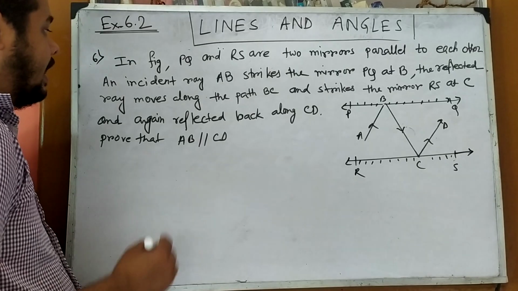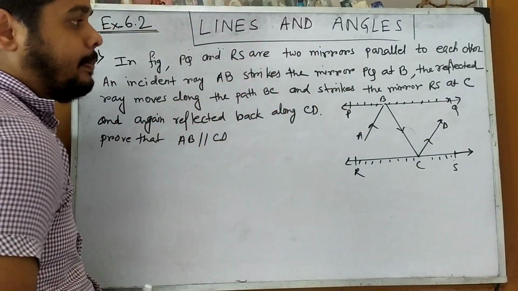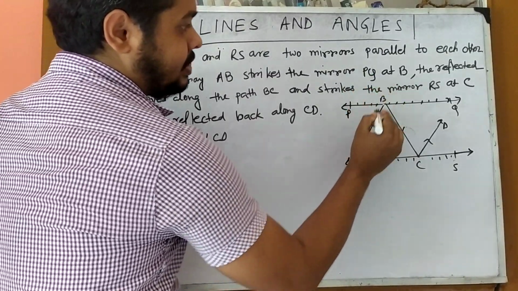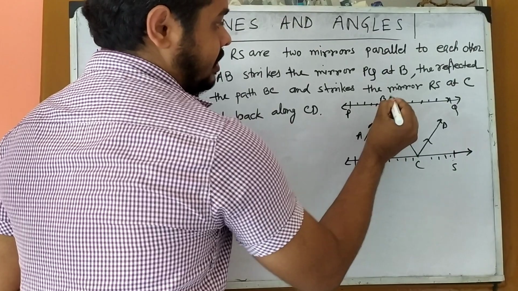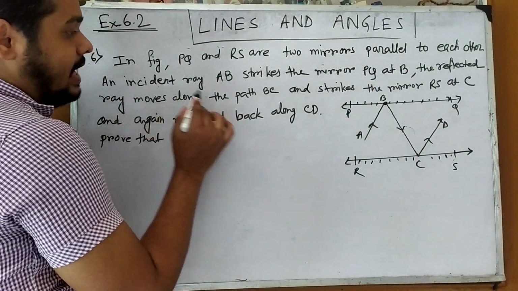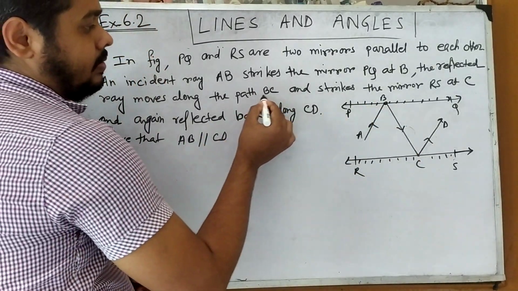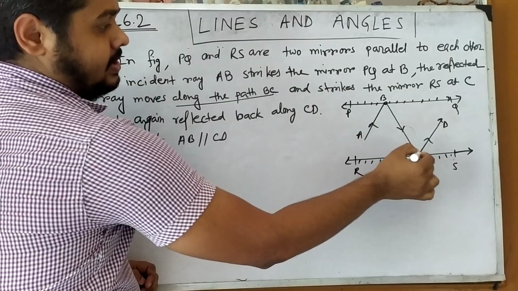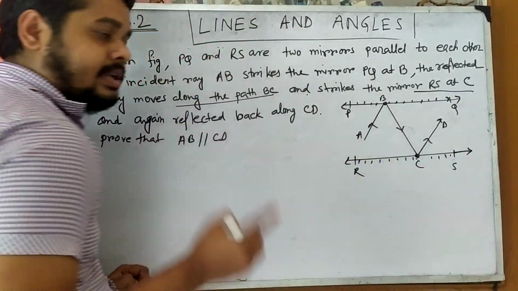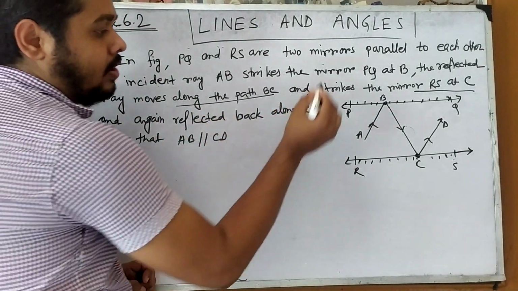An incident ray AB strikes the mirror PQ at B. This is the point B. The reflected ray moves along the path BC, and strikes the mirror RS at C, and is again reflected back along CD.